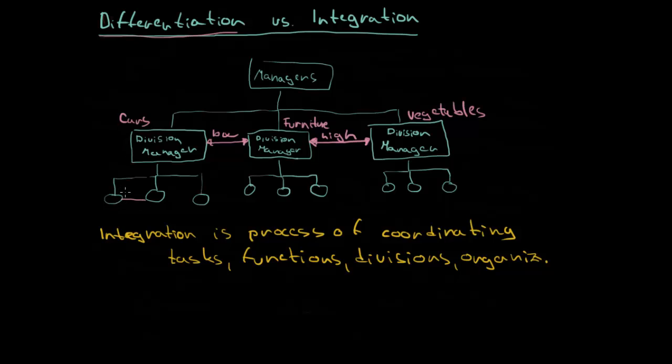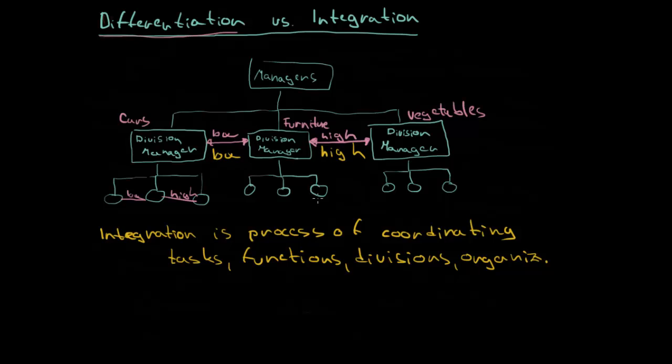So here it can be low, here it can be high, so where will the integration be high? Well, it will need to be high where the differentiation is high. I will change the color to the golden one. So here it needs to be high, here it needs to be low.